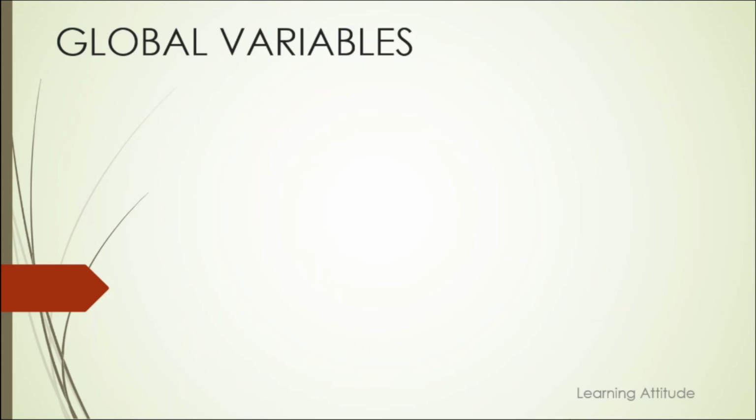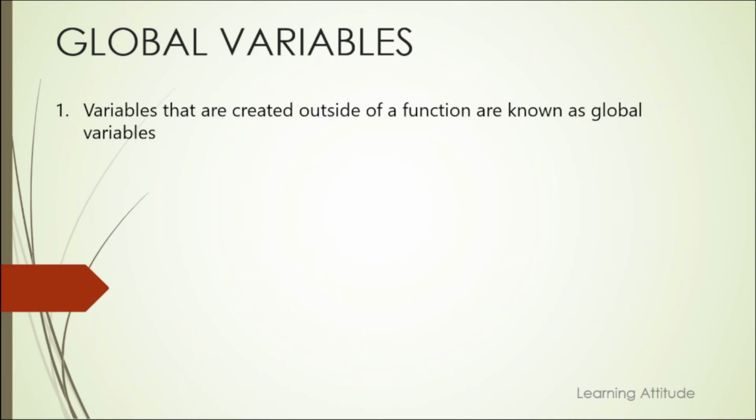Let's move to the next slide. Global variables. Variables that are created outside of a function are known as global variables. So when you use a function in a Python program and you declare any variable outside that function, it will be a global variable. Meaning you can use that variable in any function.